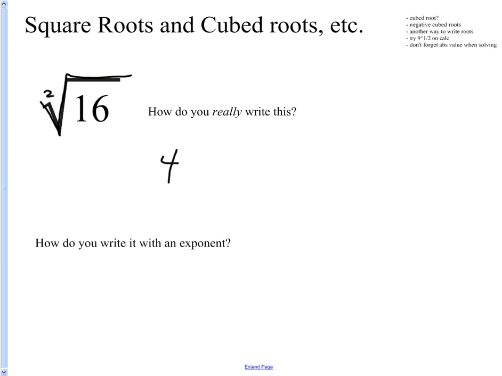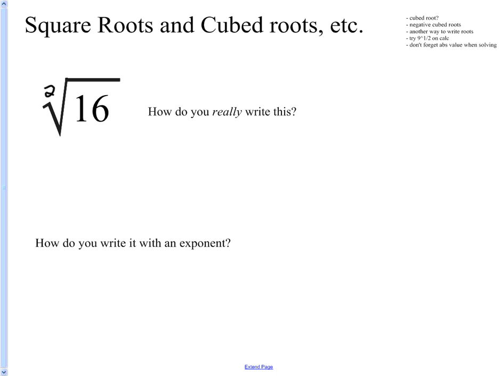So you're still okay to just say 4, because if it's got that sign, it's saying, I want the positive one. But if they write it out in words, what is the square root of 16? Then you really should give both answers. So the sign itself is defined as meaning only want the positive one. All right, so I'm just making sure you're mindful of the fact that square roots really, there's 2 of them. But if you write this symbol, you only need the positive one. And you really should have a little 2 there. Well, that implies that there's sometimes a 3 there, and that's like a cube root, etc.